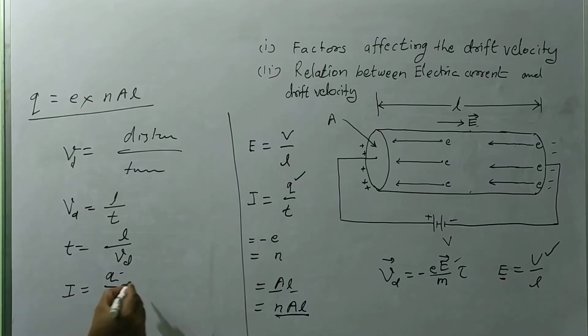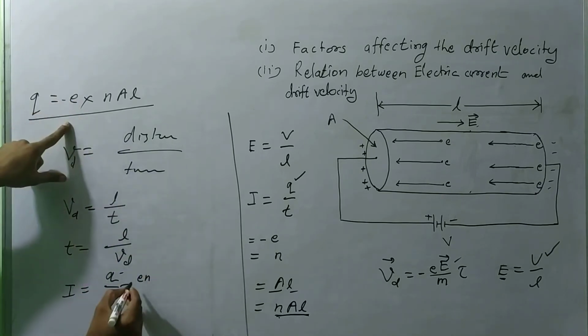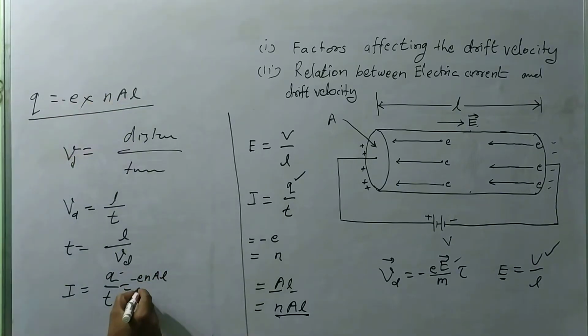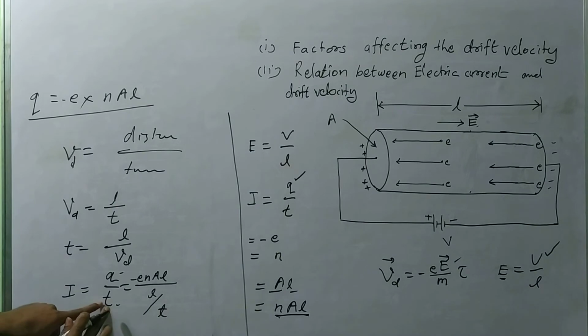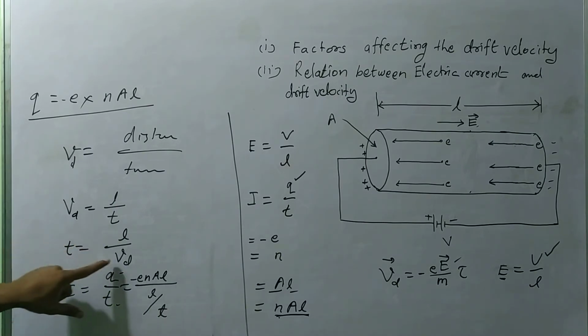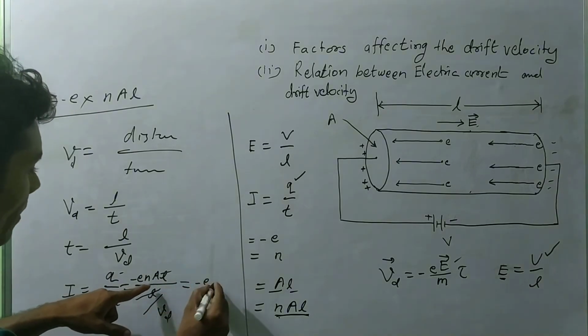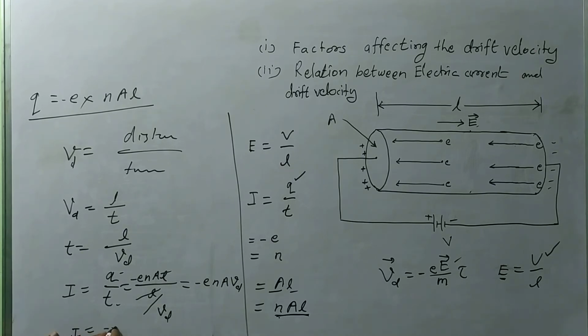On putting the values of Q and t, Q is minus e n A L, and t is L upon Vd. L cancels with L, so I equals minus e n A Vd.